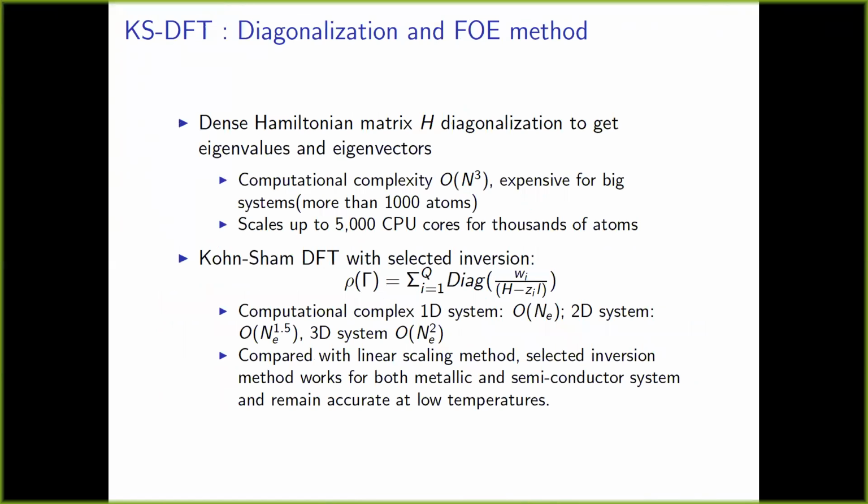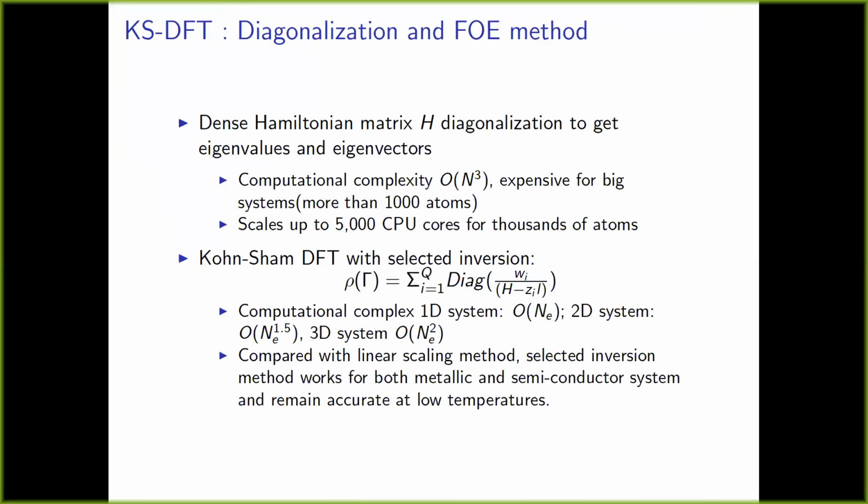It is at most n square, and for the direct diagonalization methods, you need to have n cube computational complexity, and this is going to be expensive for big systems, especially more than like 1,000 atoms. So it only scales up to like 5,000 CPU cores. However, for the FOE methods, we have a package called PEXSI, which can scale up to tens of thousands of CPU cores.